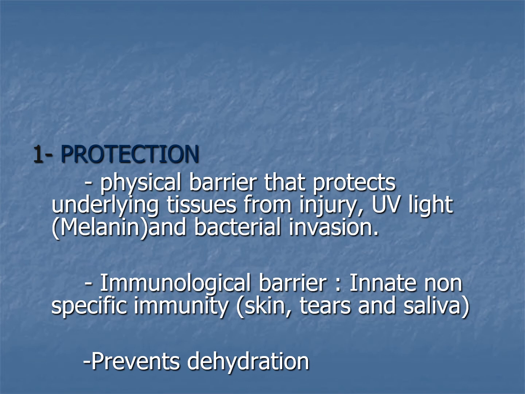Due to the Langerhans cells and macrophages, we may be protected from many opportunistic infections. So skin and mucosae are the front line defenders. And skin also forms a layer all over the body to prevent dehydration.